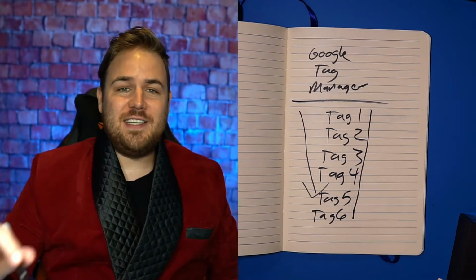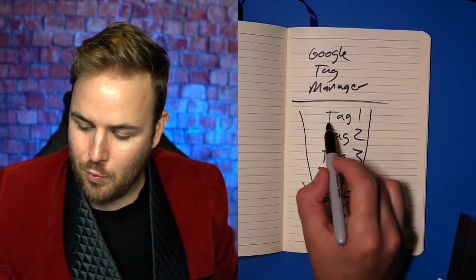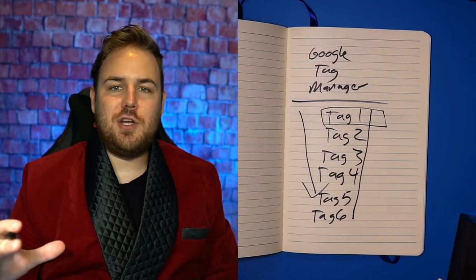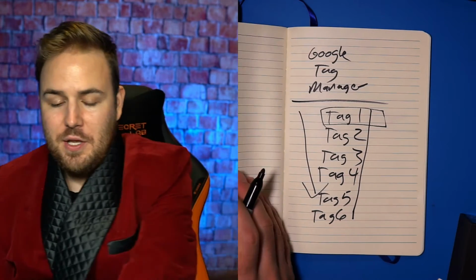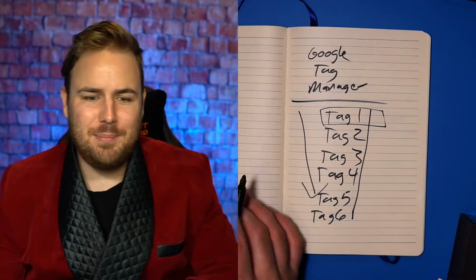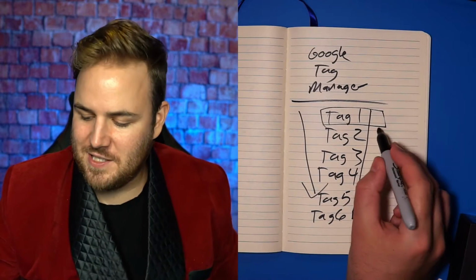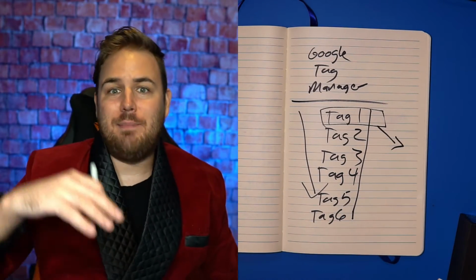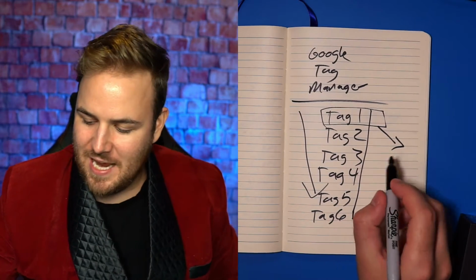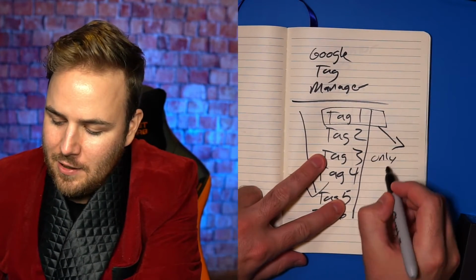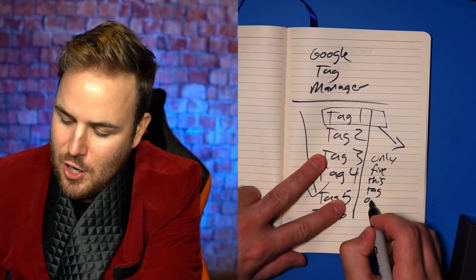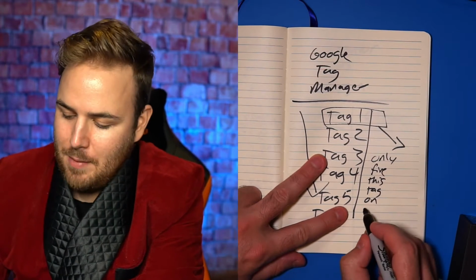And what's really fascinating about this is, on this tag 1, for example, there's advanced functionality inside of Google Tag Manager. So, on tag 1, for example, let's say that this is a chat app, a live chat app that's going to pop up on the page. I could say, only fire this tag on, let's say, the contact pages.